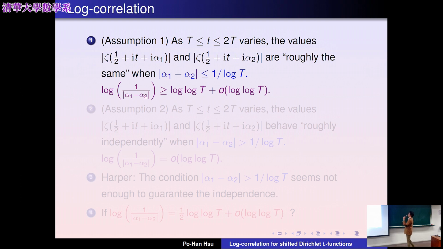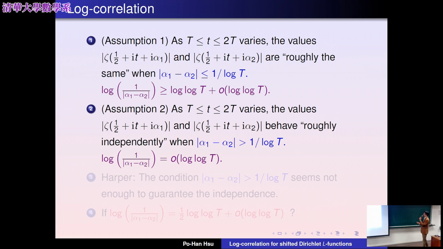Okay. All right. So now let's review what we have done. So we have successfully responded to Harper's assumption 1. The meaning of this roughly the same is that you take this log, divided by half log t, the difference is arbitrarily small, and the measure of that difference being arbitrarily small is 1. And this is Harper's condition. This is our condition.